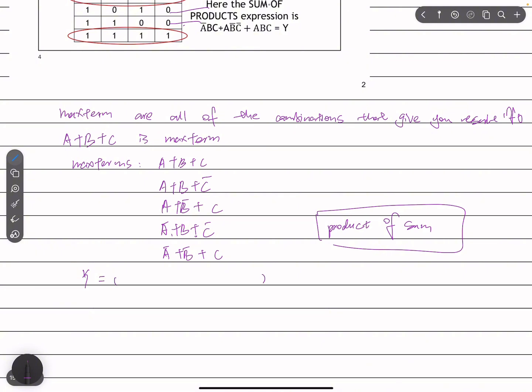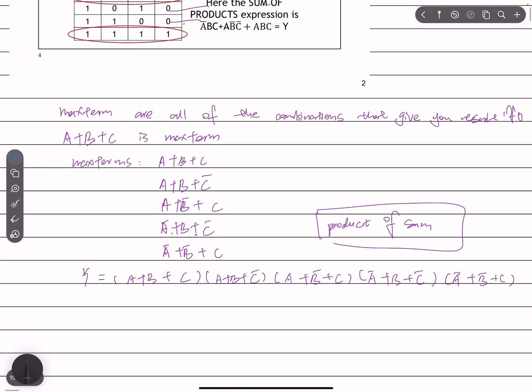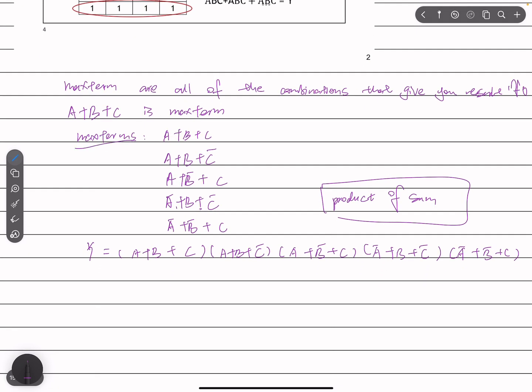So we write all the sums in product form: A plus B plus C, put brackets there, and A plus B plus C bar, A plus B bar plus C, A bar plus B plus C bar, A bar plus B bar plus C. Basically we need to find all the maxterms, which are the rows that gave us 0.